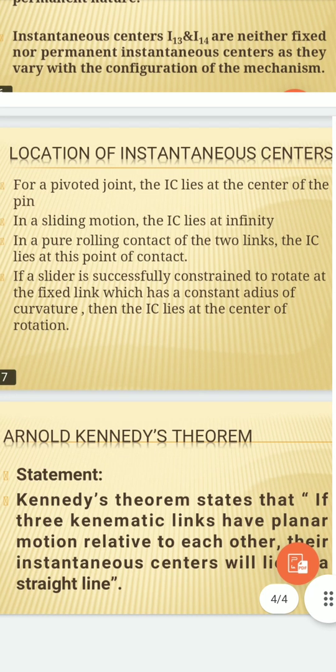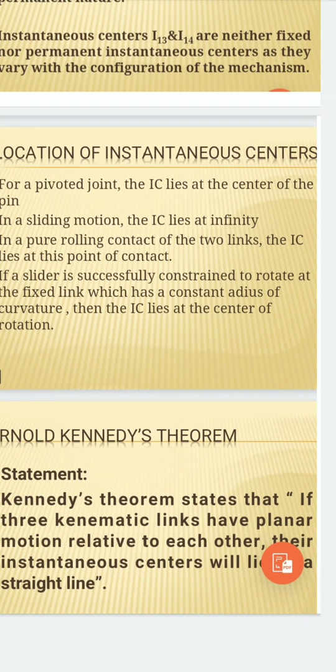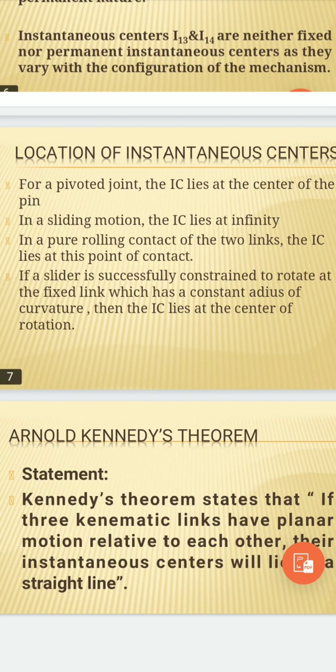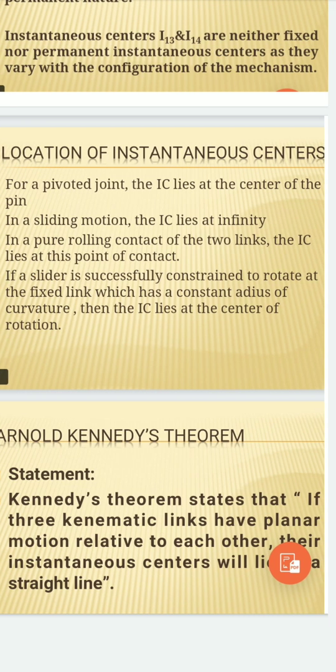Next is Arnold-Kennedy's theorem, with respect to the instantaneous center. It states that if three kinematic links have planar motion relative to each other, then the instantaneous centers of the three links lie on a straight line. This is what the Kennedy theorem states.